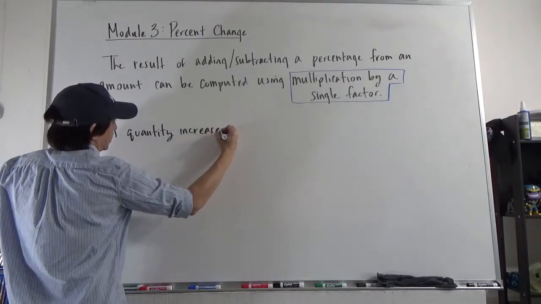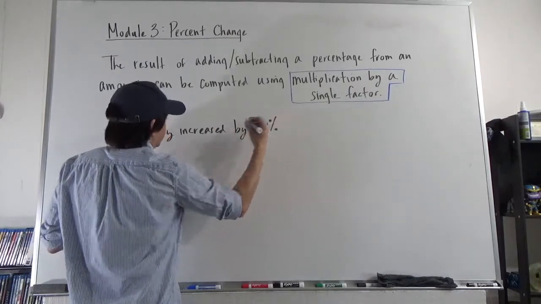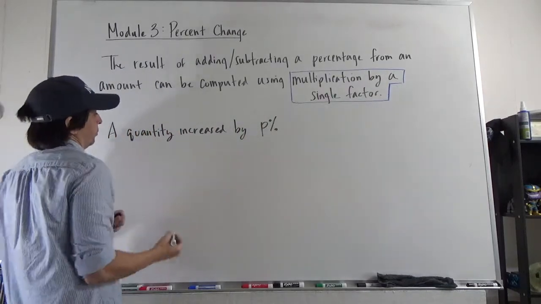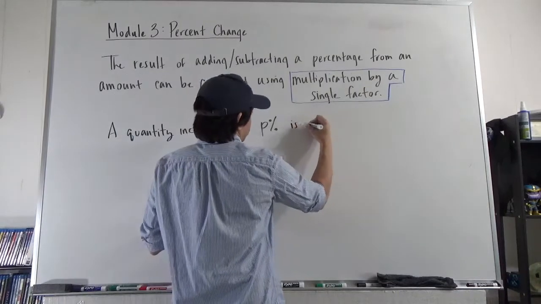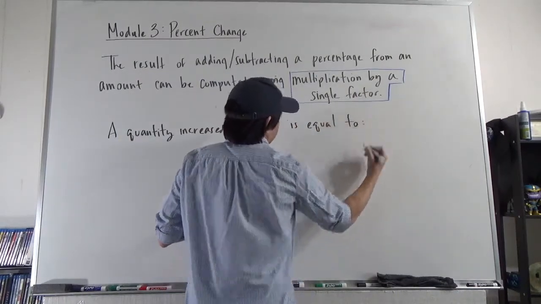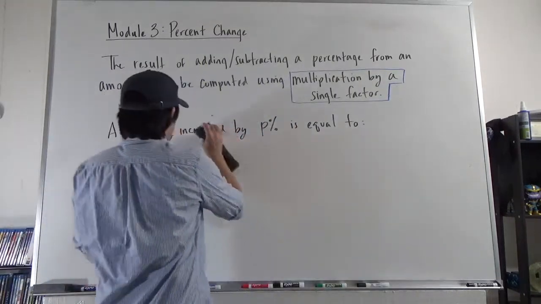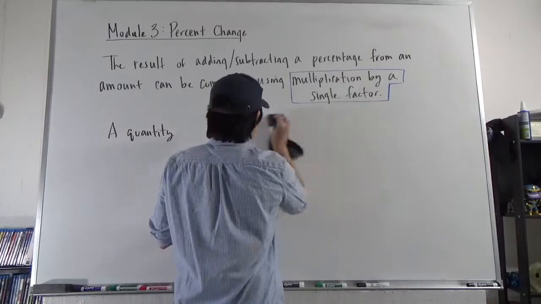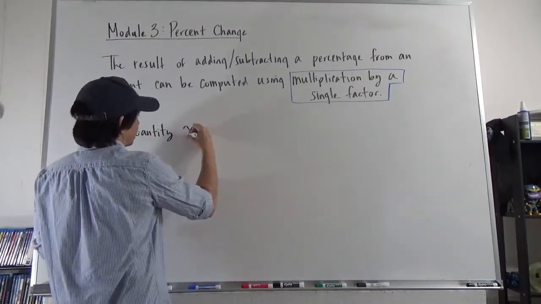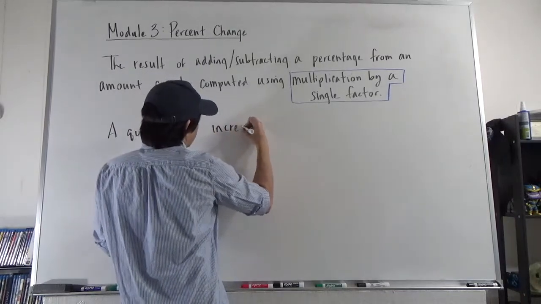A quantity increased by P% is equal to, I want to label what that quantity is for the purposes of the formula. A quantity X increased by P%. My bad.